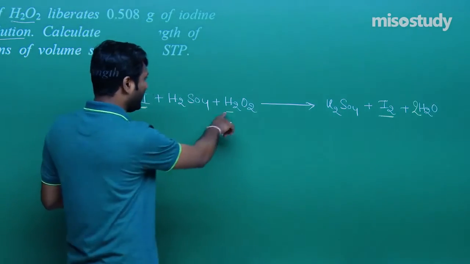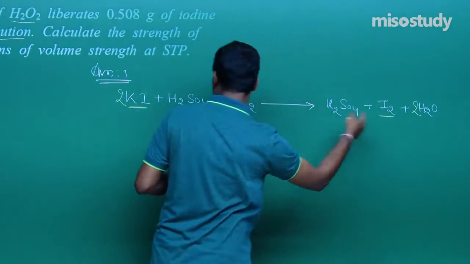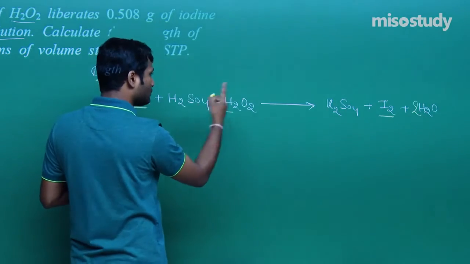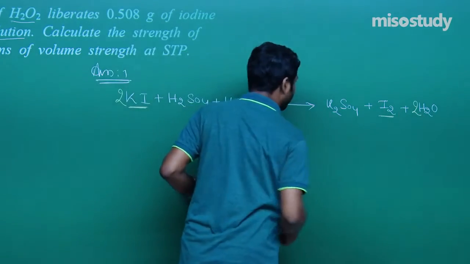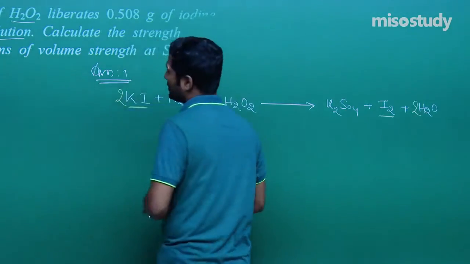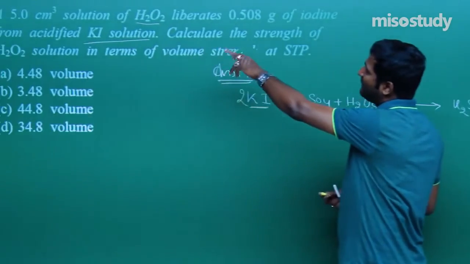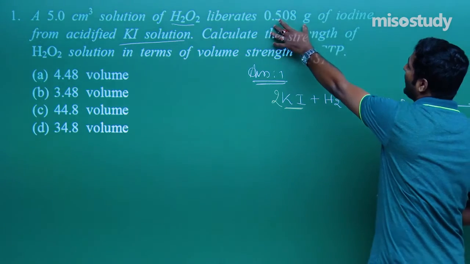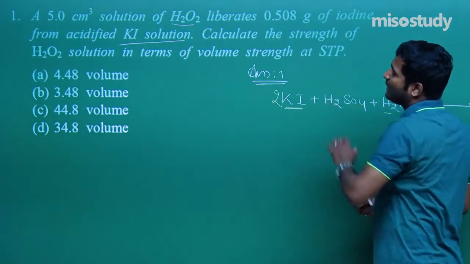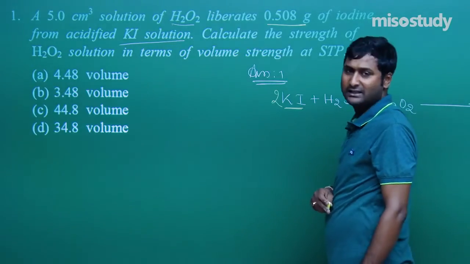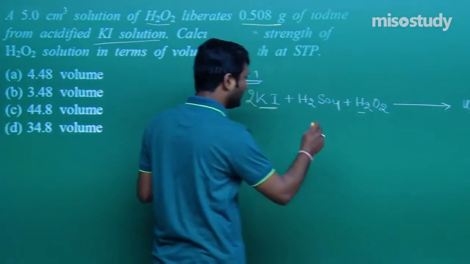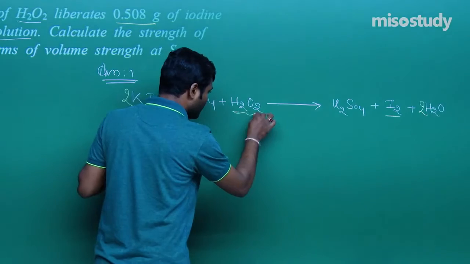Do we need hydrogen 2 times? Hydrogen 2 to 4, SO4 1 time, oxygen 2 here, oxygen 2 here, completely balanced. Now read the question. 5 ml solution of H2O2 gives how many gram of iodine? 0.508 gram.